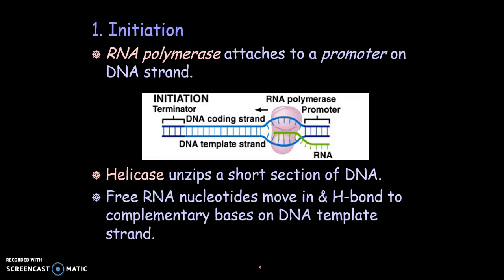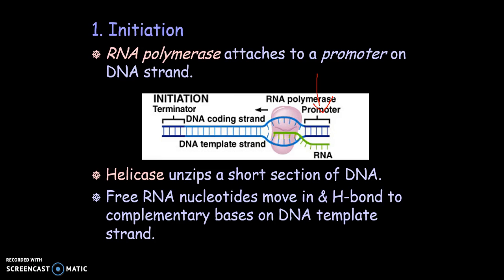Okay? Now, the promoter region, this region right here, okay, this is a short section of DNA that marks the start of a gene. All right, every gene on a chromosome has its own promoter. Okay, and that kind of defines the start of transcription, the direction of it, and the strand that's going to be transcribed.